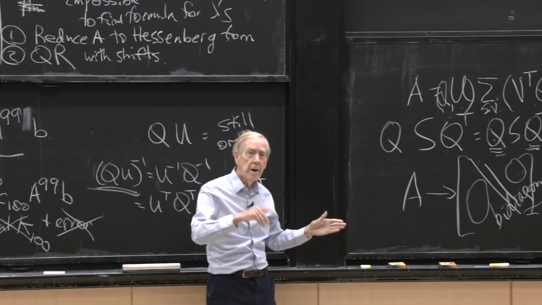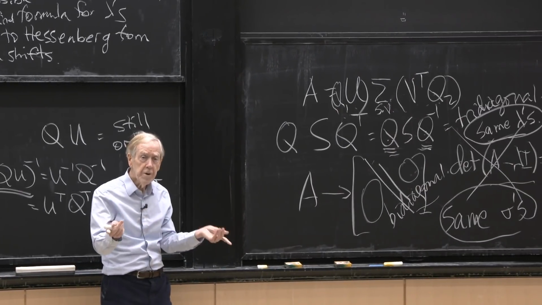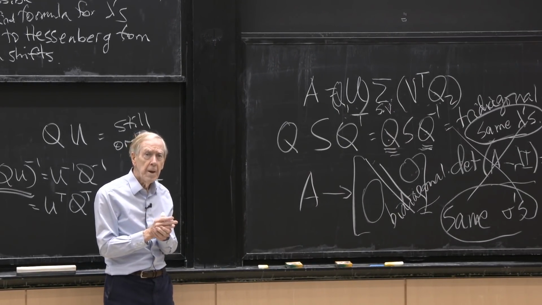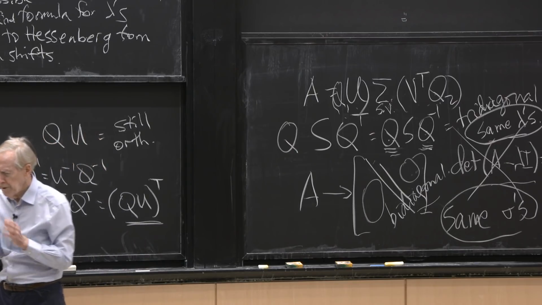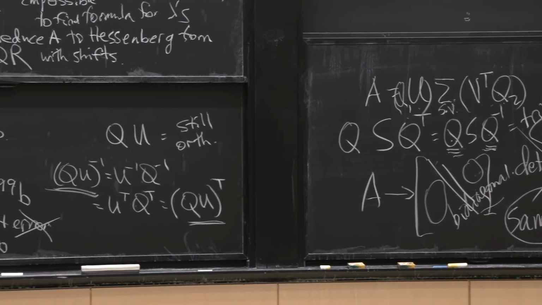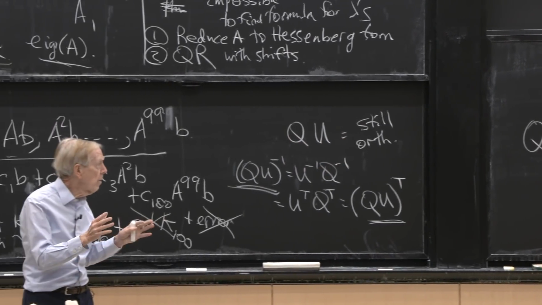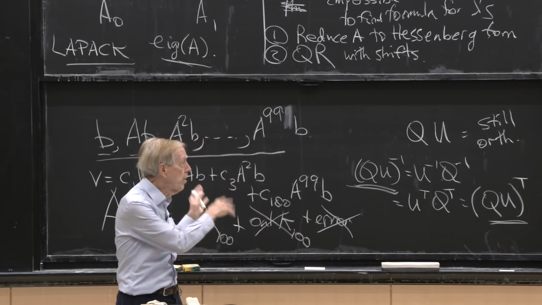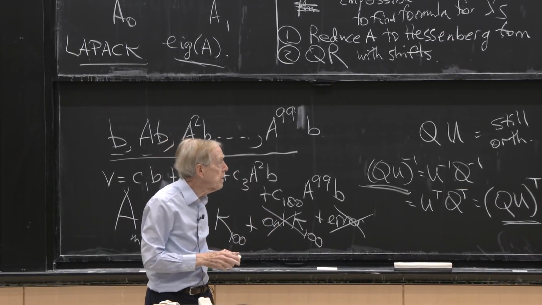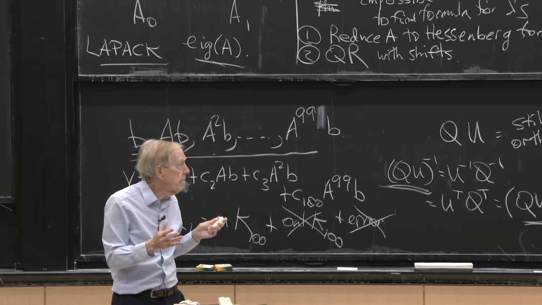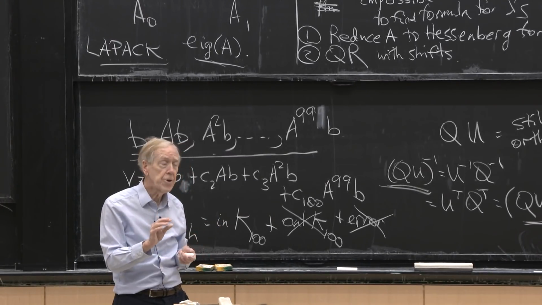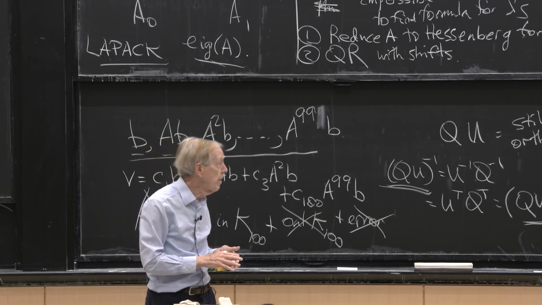You could multiply left and right by different orthogonal matrices, a Q1 and a Q2 transpose. That maybe doesn't have an established name, but the idea is clear, and that doesn't change the singular values.